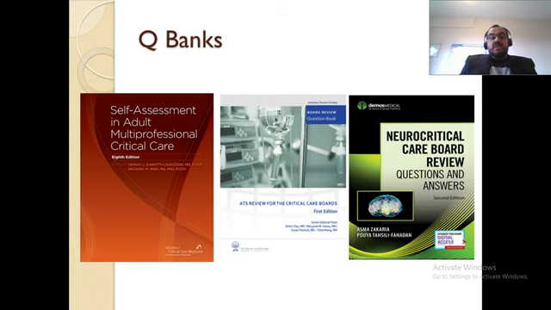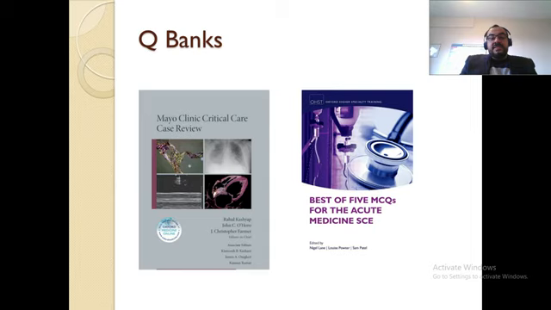These books are all American books. Then the Mayo Clinic Critical Care Case Review, which is also an American book, and then Best of 5 MCQs for Acute Medicine. It's designed for the acute medicine examination in the United Kingdom, but it may be helpful for preparing for the intensive care medicine exams.